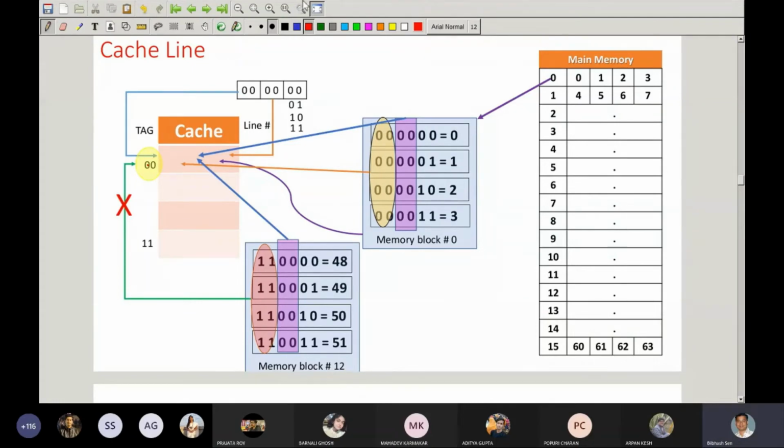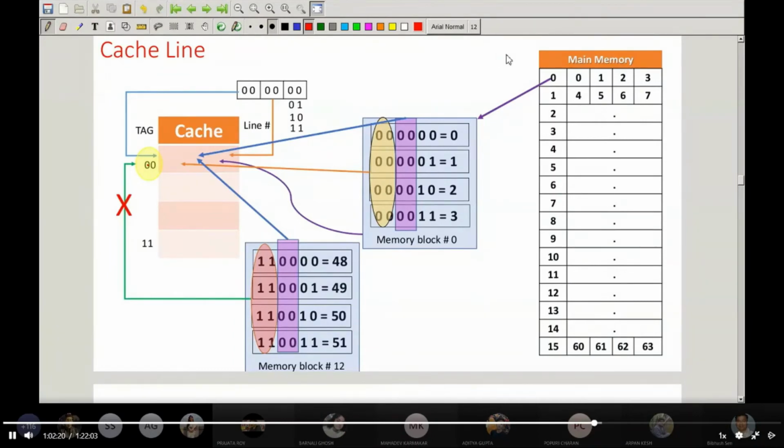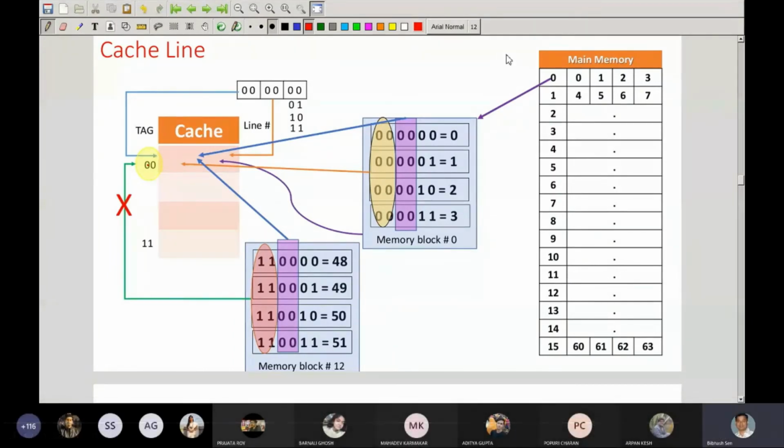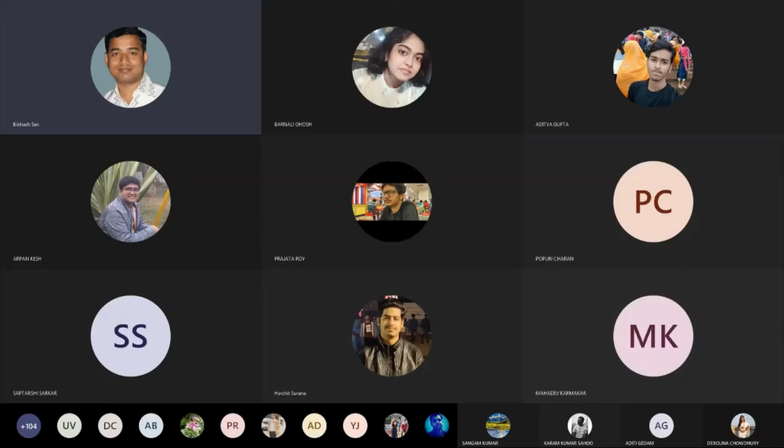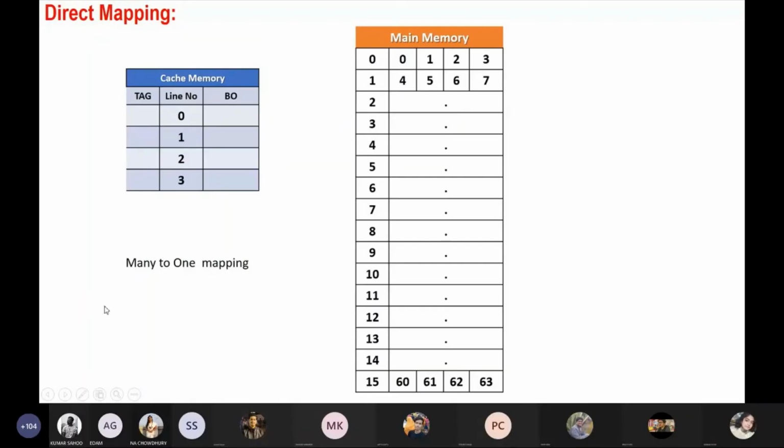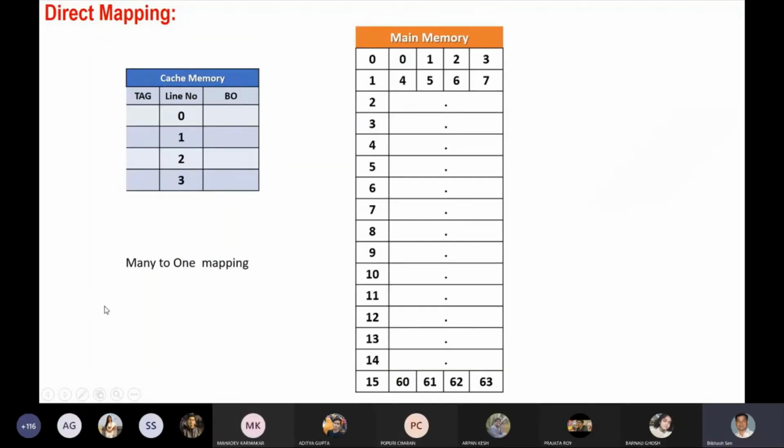How direct mapping takes place. This is a very important point. Try to understand, because if it is not clear, then the rest of the part will be a very big problem for us. Is this clear? Direct mapping I have written.